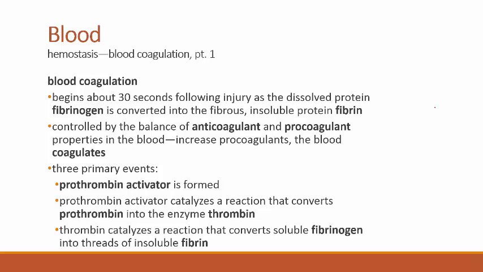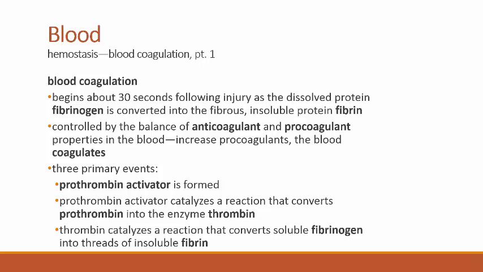It's regulated by the balance of the anticoagulant and procoagulant properties of the blood. There are anticoagulant compounds in blood that prevent clotting from occurring, but if we increase the procoagulant chemicals in the blood, then the blood will eventually coagulate.